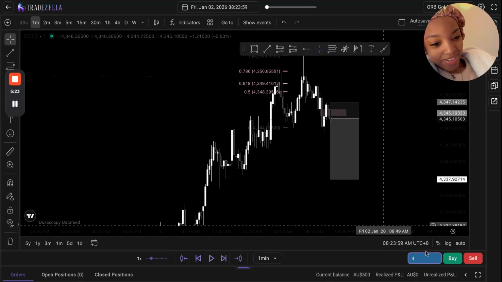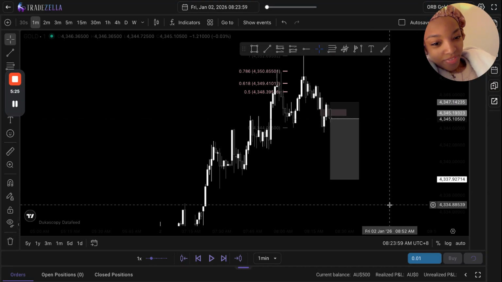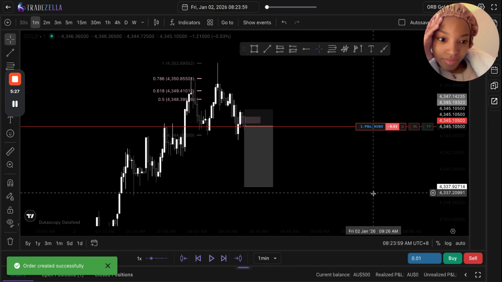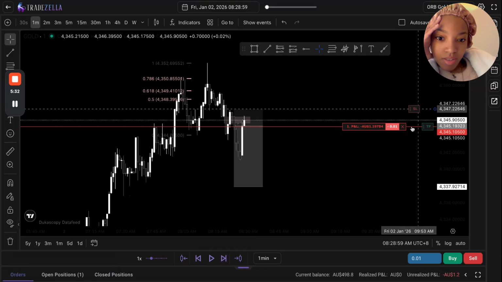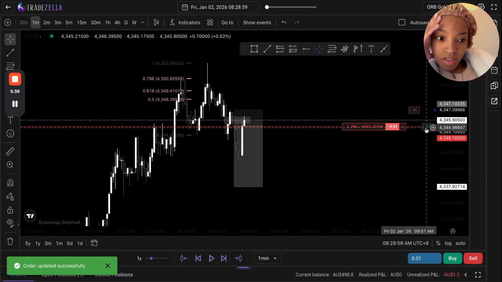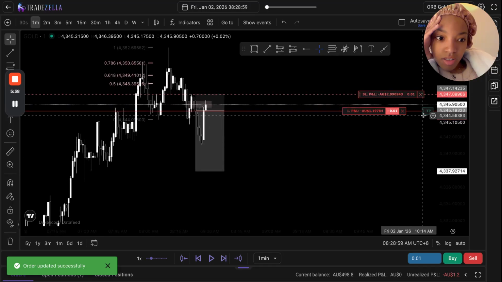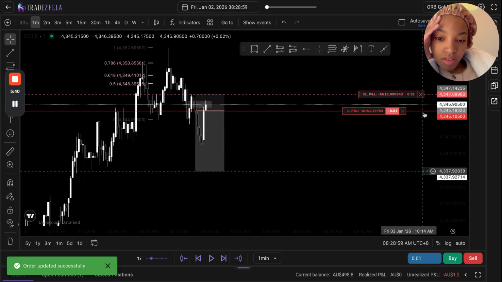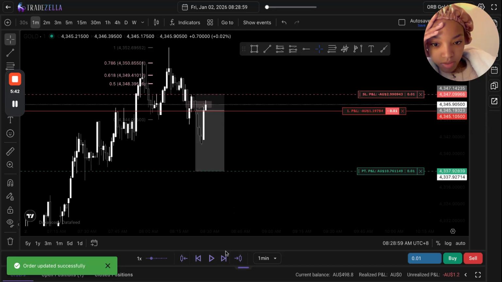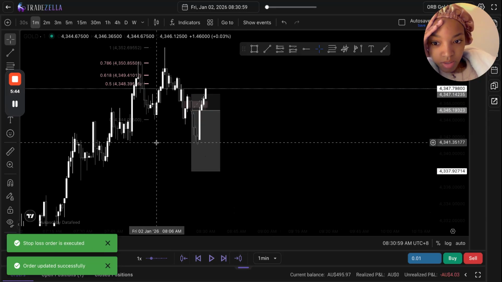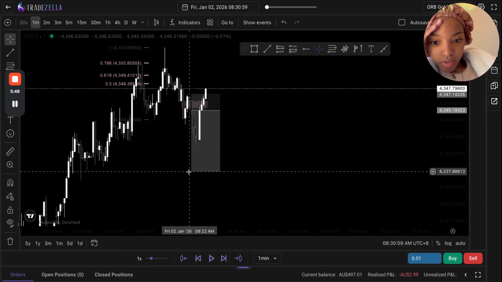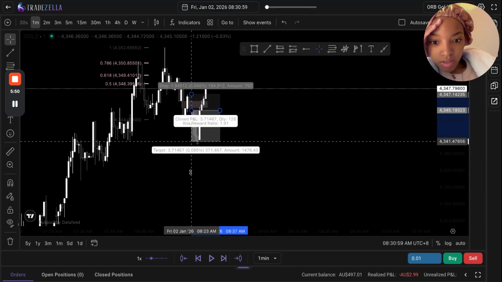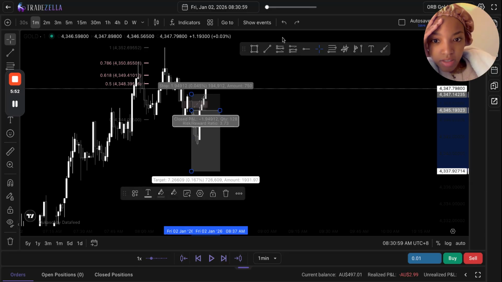Okay, let's see how this goes. Okay, stop loss here, but where did it go to? Went to this next level of structure here. It was really clean to there.